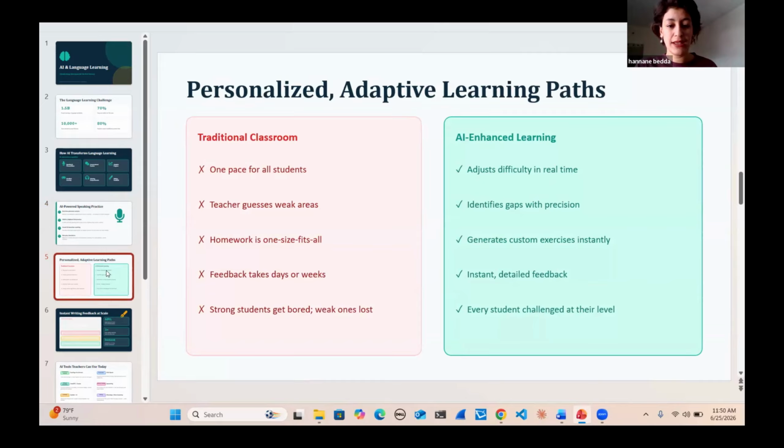Here I have a comparison between traditional classroom and AI-enhanced learning. Previously we had one pace for all students. For example, the teacher prepares one lesson, but we have different students with different capabilities, different weak points, etc. However, with AI, you can adjust difficulty in real time.